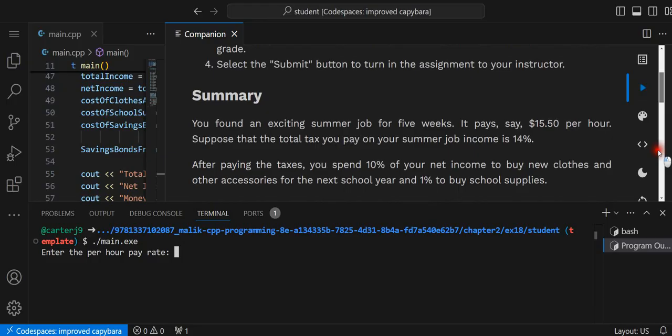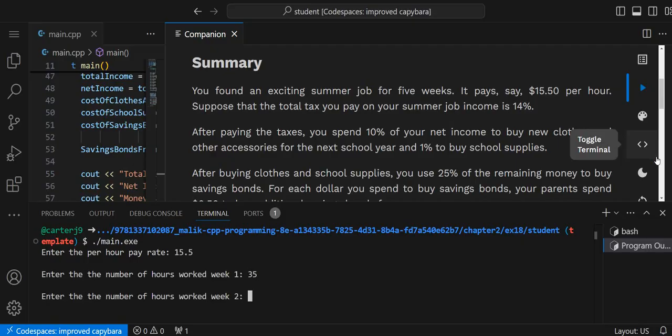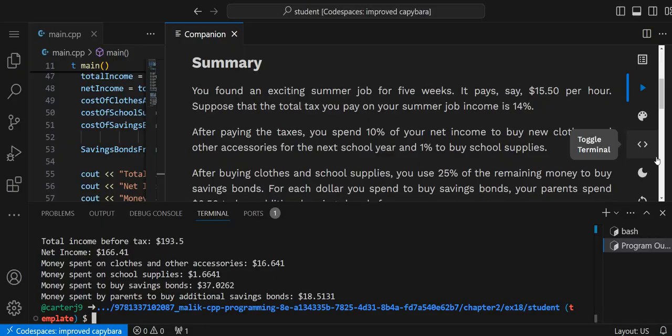Enter your per hour rate, $15.50. Enter the number of hours worked per week 1. We'll make up something: 35, 32, 34, 42, 35. So there's your numbers. Let's see if that worked.